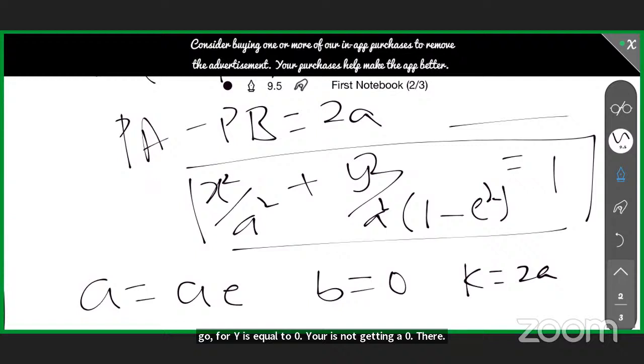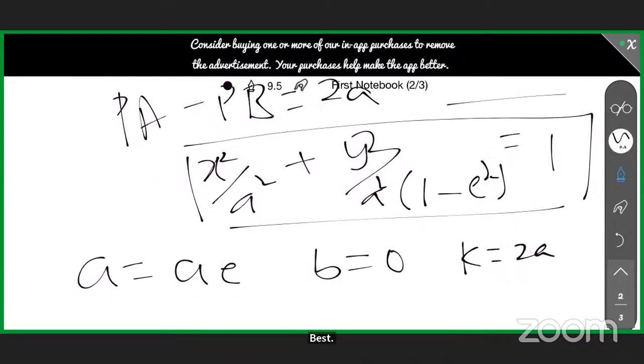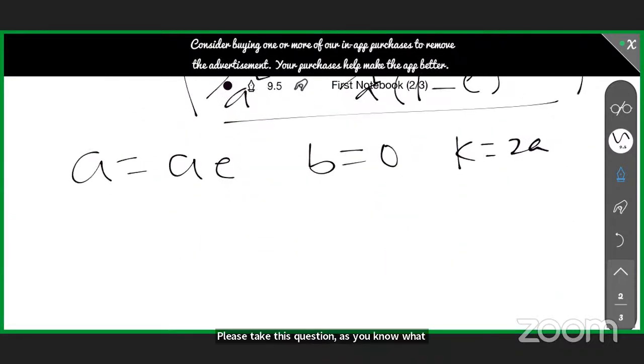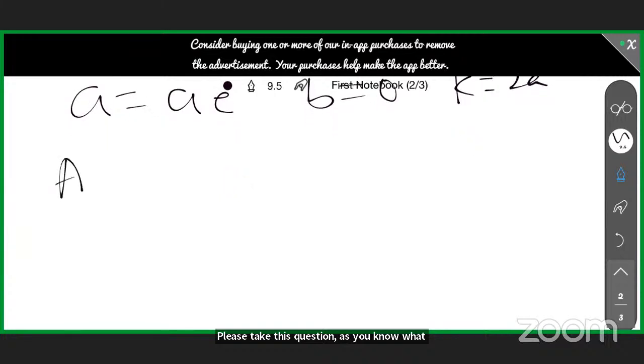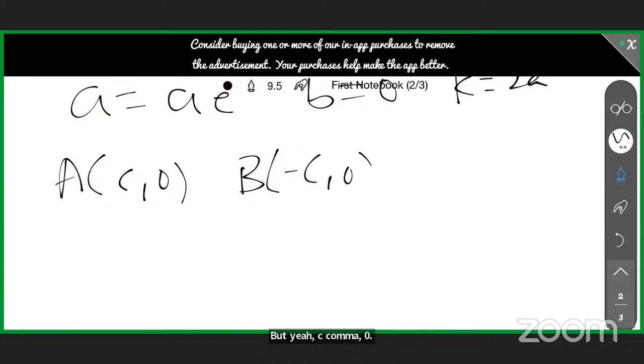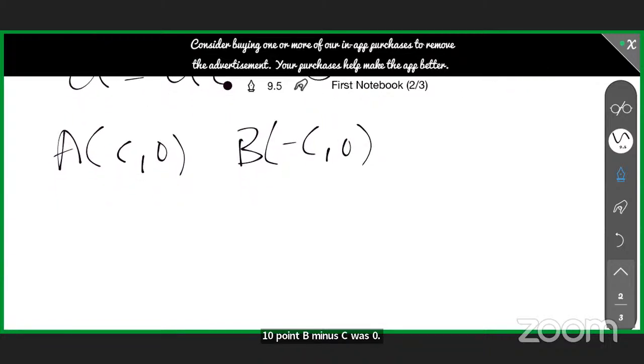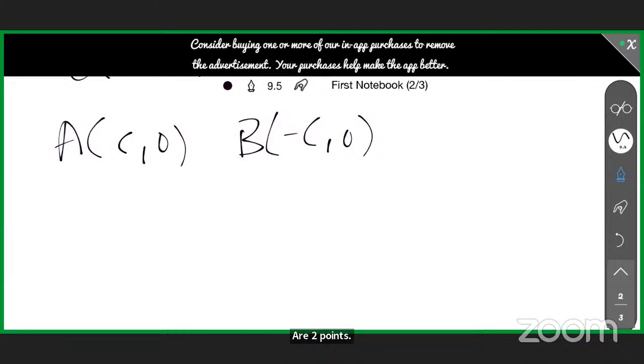Please take this question as homework. Point A is (c, 0) and point B is (-c, 0); these are two points.